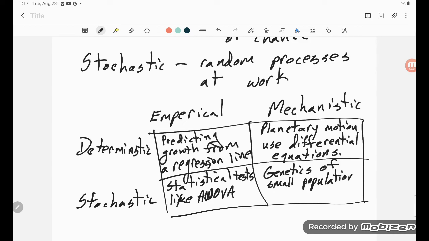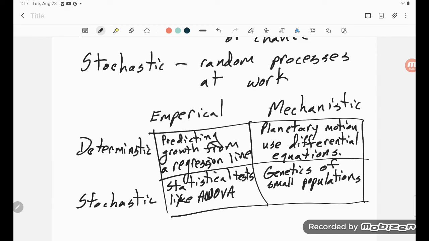There, we believe we have probability rules that govern how the genetics work, and so those are the underlying theory that goes into our mechanistic model.